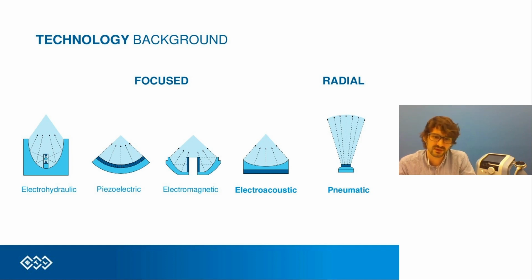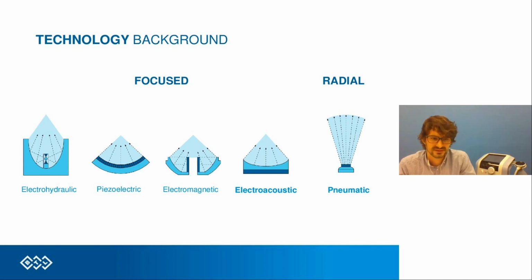So at the tip of these pictures, the intensity is highest. For focused shockwave, there are more technologies available on the market than for radial shockwave. Let's talk about each of them, their advantages, disadvantages, and how they were made.